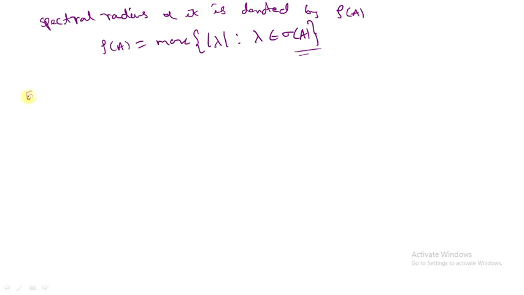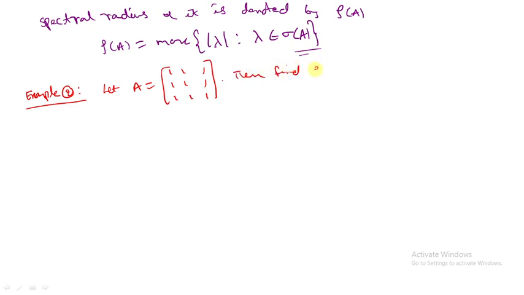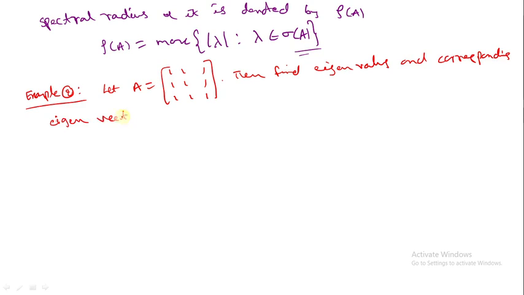Example 2. Let A equal to the matrix with all entries 1, a 3 by 3 matrix. Then find the eigenvalues and corresponding eigenvectors of A. Now let us find the eigenvalues.